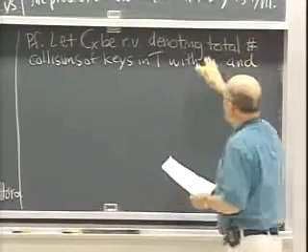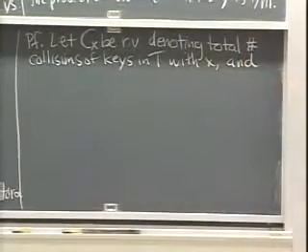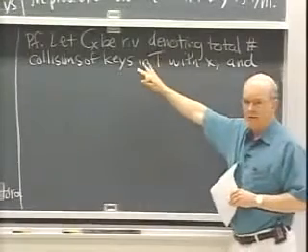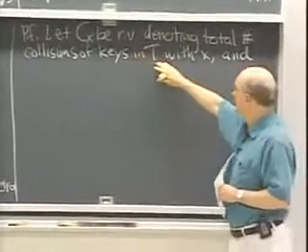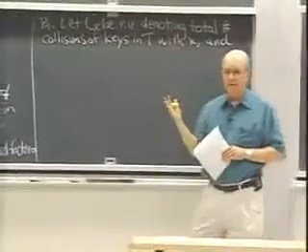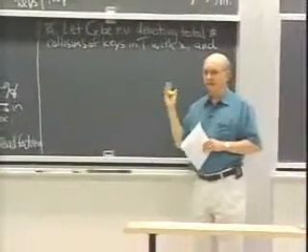One of the techniques you use a lot in probabilistic analysis of randomized algorithms is recognizing that c of x is a sum of indicator random variables.